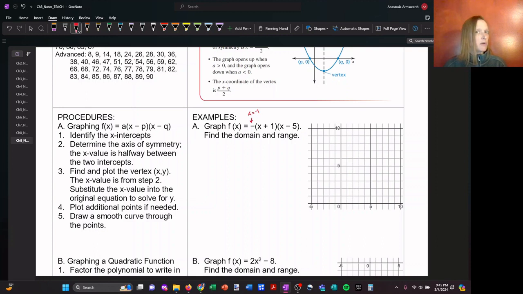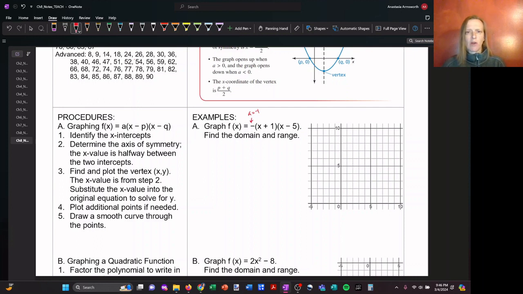And just as we've seen in the previous sections, this is going to cause a reflection over the x-axis. It's going to cause a downward opening parabola, a sad parabola. But let's look at what happens here with having the x terms factored like this.